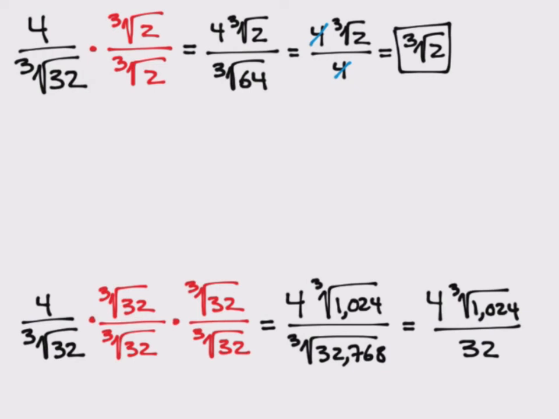There is one more way we could have handled this original problem. Note that in a denominator, we're taking the third root of a pretty big number, and so that's why it was kind of daunting. But note, we could actually have simplified the third root of 32 to begin with.